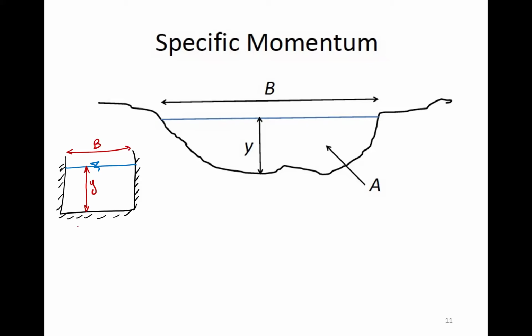We saw before that specific momentum M was equal to q squared over gy plus y squared over 2. That was the specific momentum for rectangular channels per unit width. How do I know it's per unit width? See, I have a small q, so it's per unit width.